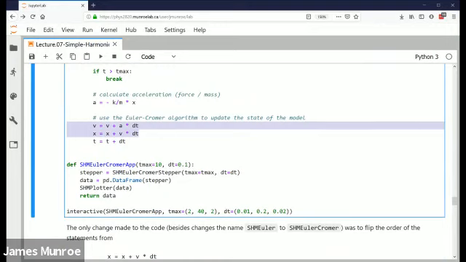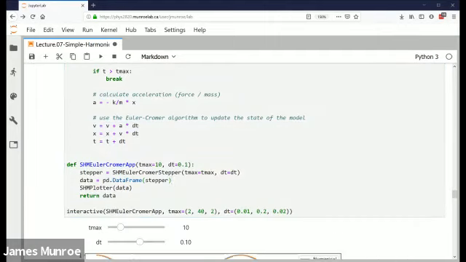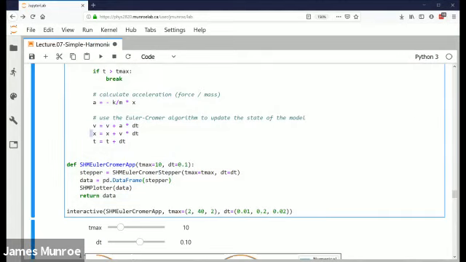Other than that, the code remains the same. All I'm doing is flipping over these two lines so that instead of first calculating x with the old value of v, we first update v, come up with the new value of velocity, and use that new velocity to update x.